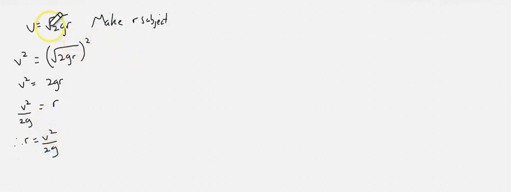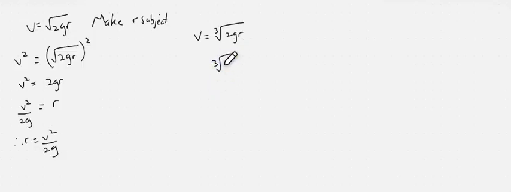So question, what would be the case if we had this same task, to make R the subject of the formula, but we were given V is equal to the cube root of 2GR? Well, the same principle applies as with the square root. In order to get rid of this cube root sign, we need to cube this expression, this term.